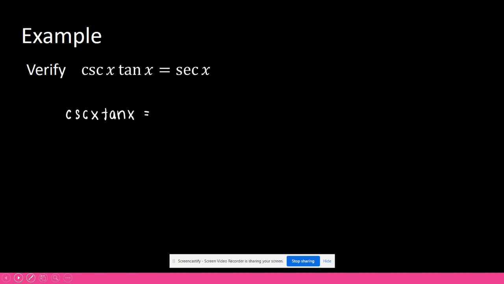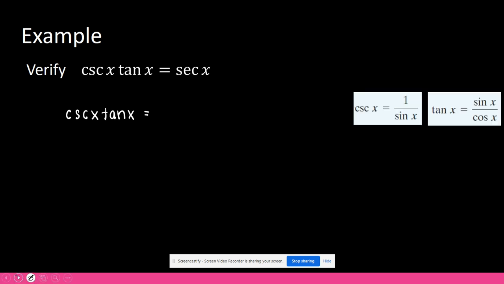So what's going to help us out with this? Well, the strategy said let's turn things into sine and cosine. If I have cosecants, using our reciprocal identity, I know that cosecant relates to sine. Tangent deals with both sine and cosine. So these are the two identities that are going to help us out.